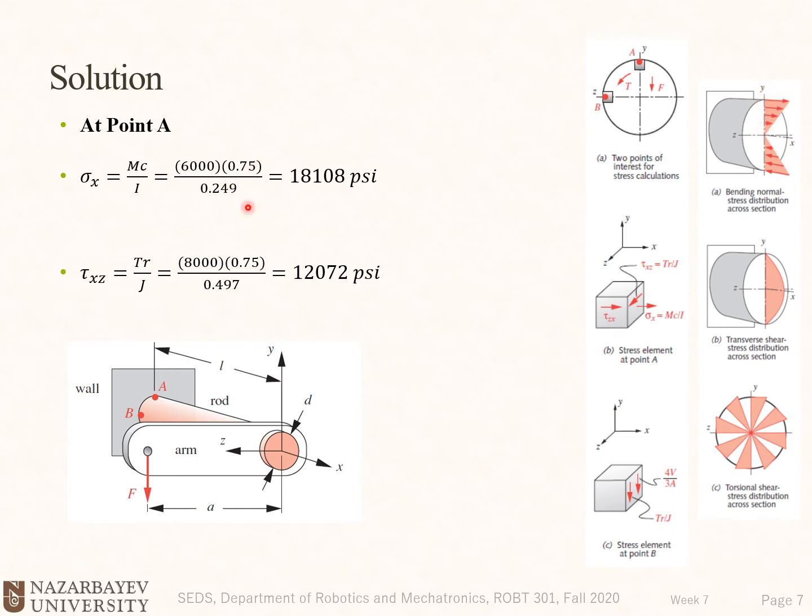We calculated I already, and now we have sigma x. So now we have our sigma x here on the stress element. Now we need to find tau xz. Okay, so why do we call it z?